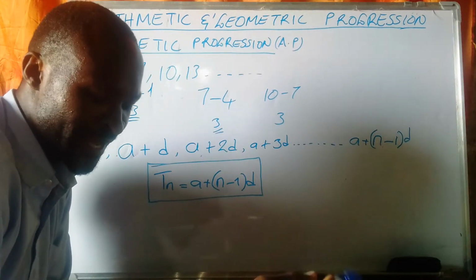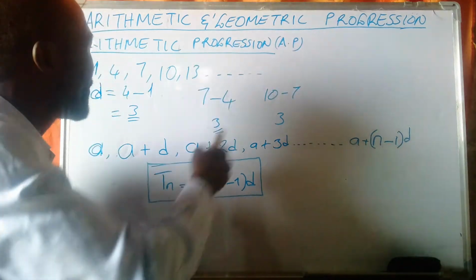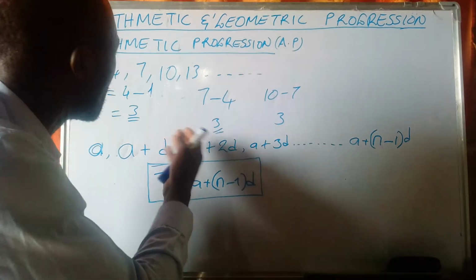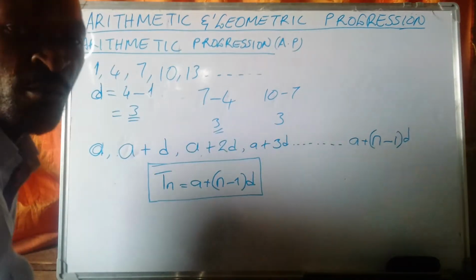As an introduction, under arithmetic progression, we find the nth term using the first term A and the common difference D.